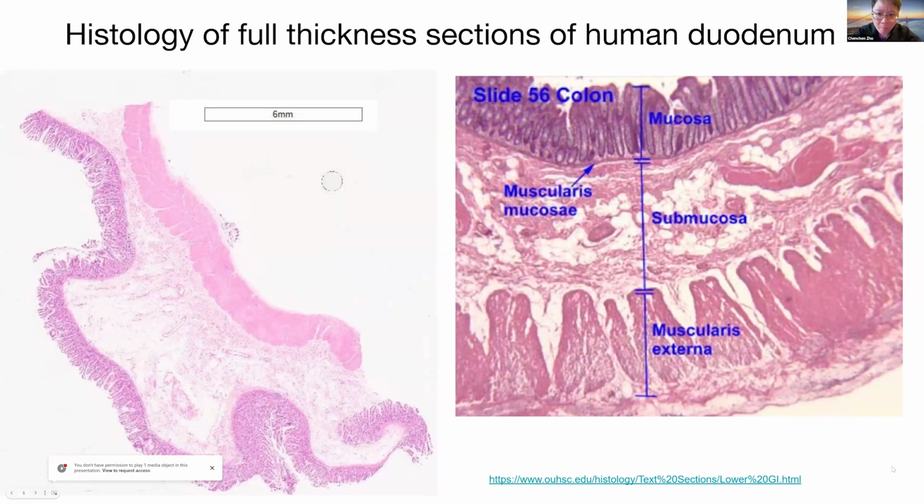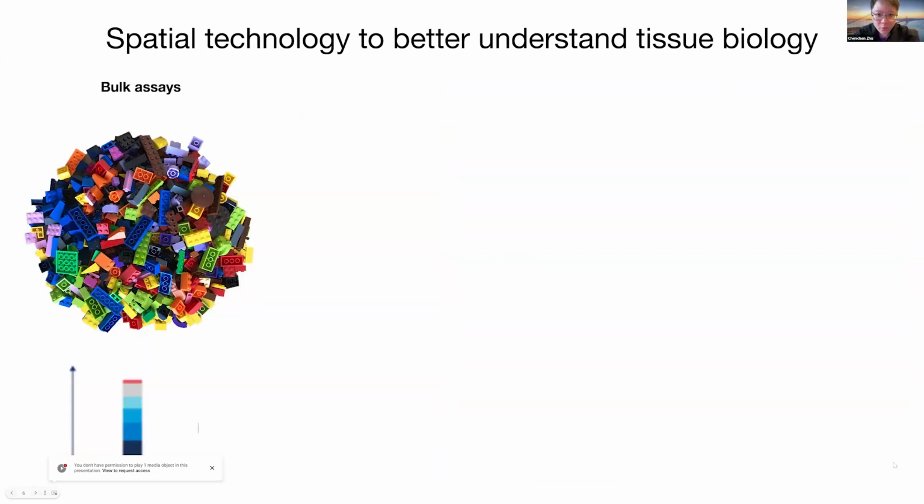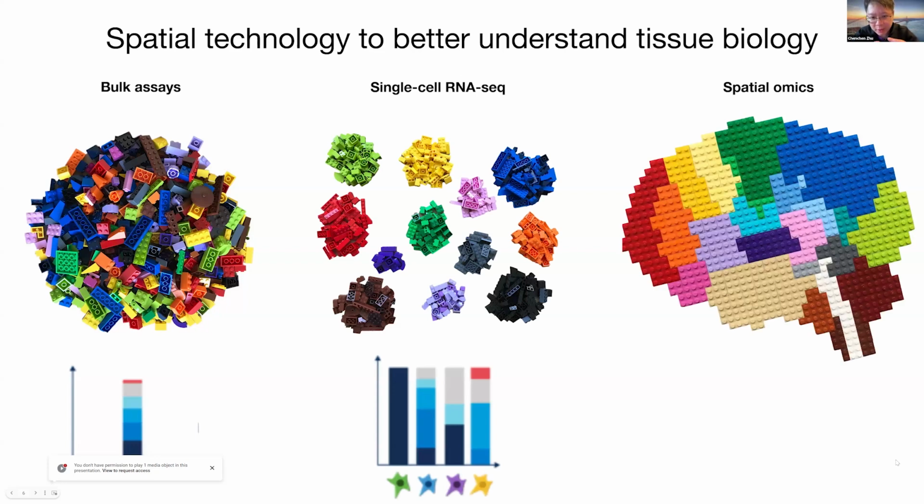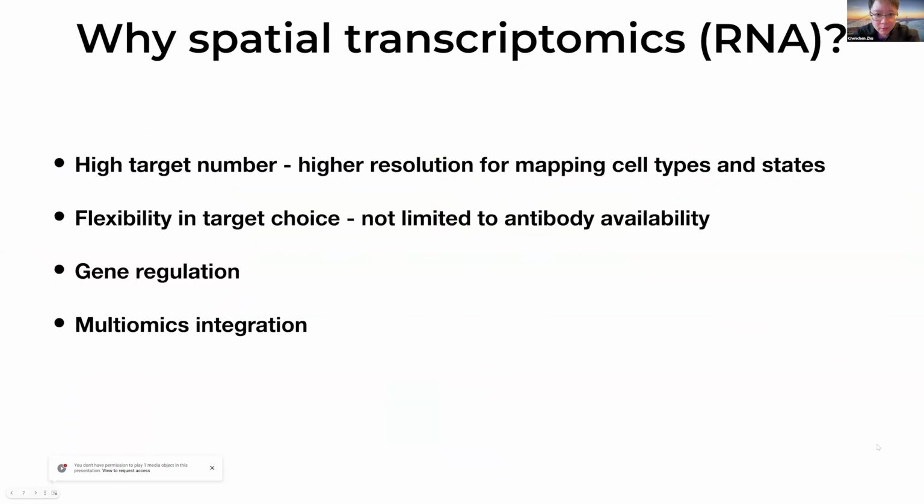Next slide, please. The reason we are going from bulk to single cell is that, as some of you have seen, with bulk you clearly see it's a mixture of everything. With single cell, we are really separating all the different cell types. Now with spatial, we can start to see the architecture. We started with spatial proteomics assays like Codex, mapping the antibody targets, but now we are transitioning to spatial transcriptomics, which means we are mapping the RNA targets.